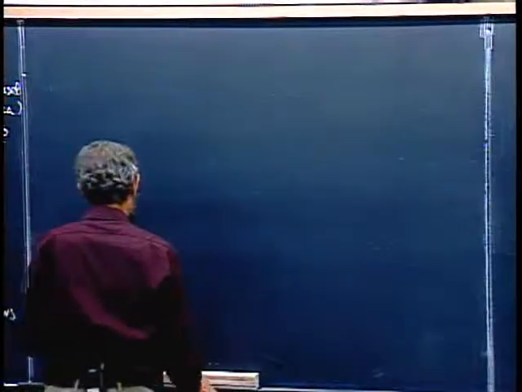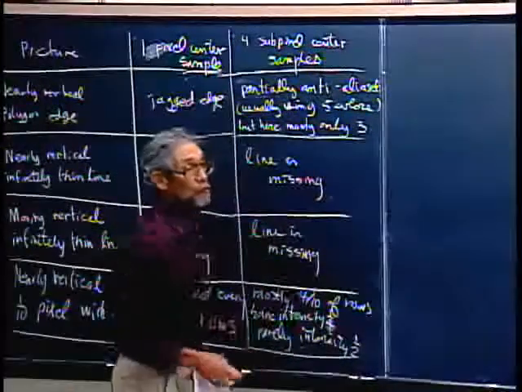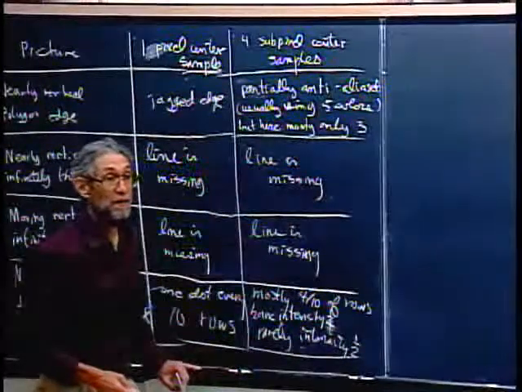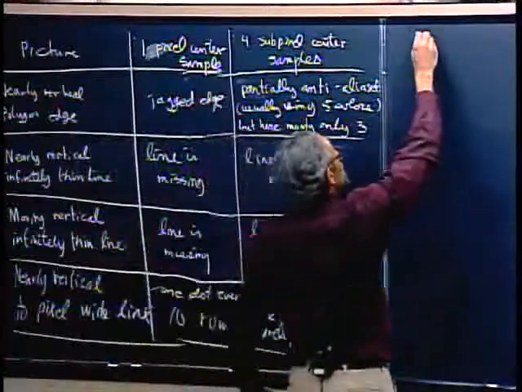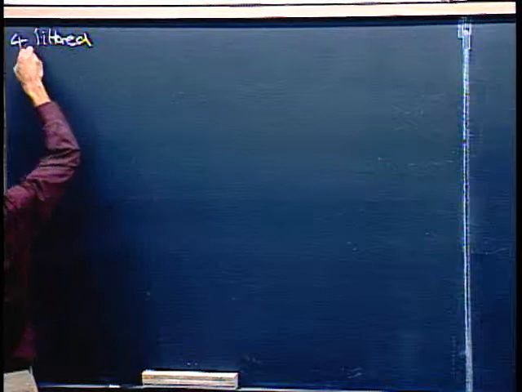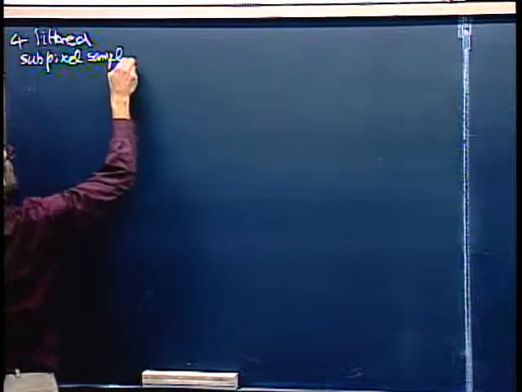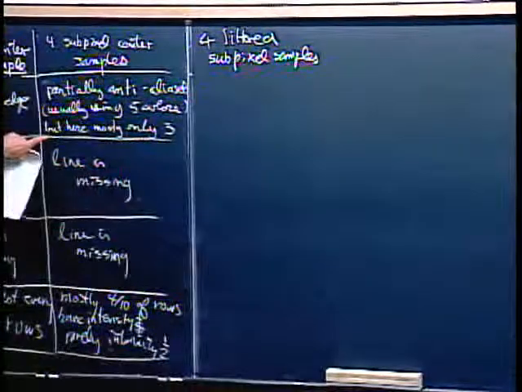Okay, now, I didn't have a column for jittered subpixel samples. But what is that going to do? Since I thought about it, let me add it here.